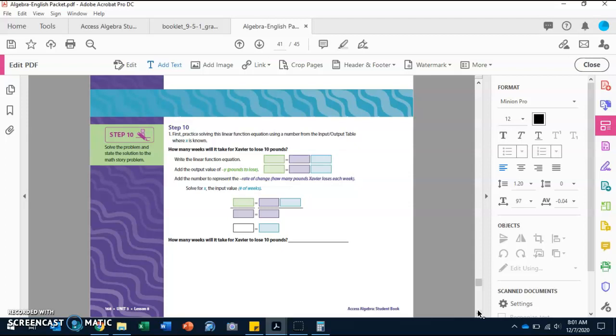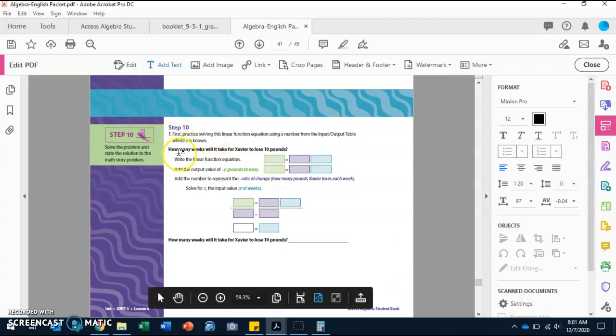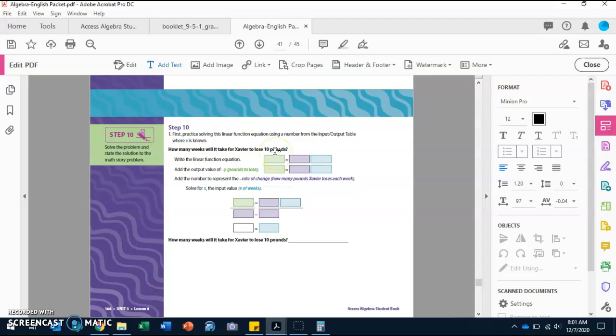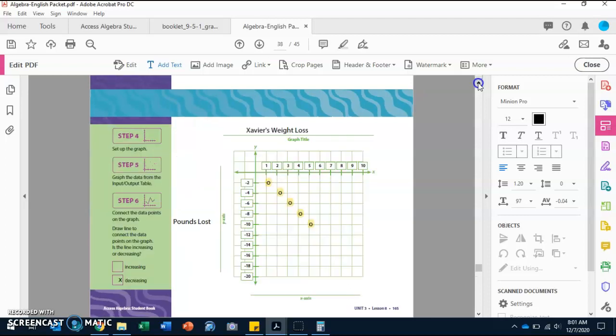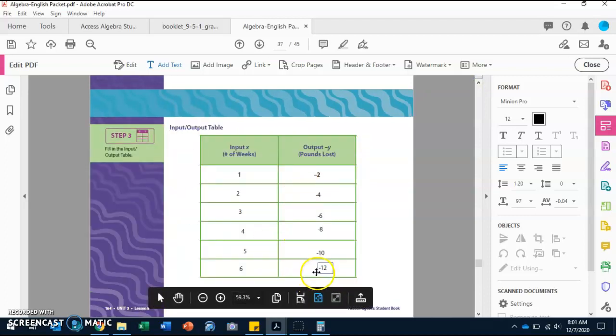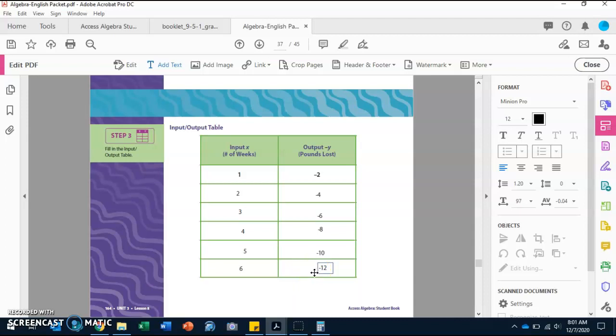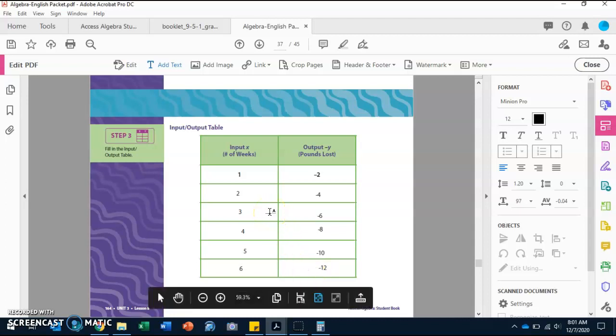And now we are almost done, guys. So here it is asking, how many weeks will it take Xavier to lose 10 pounds? We still need to know how many weeks it will take him, because when we did it over here, it did not give us the weeks that he needs in order to lose the 20 pounds.